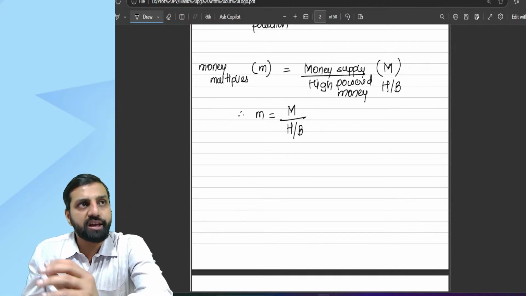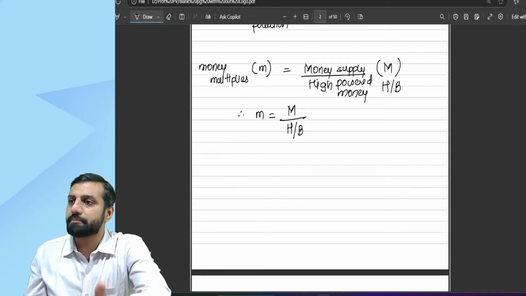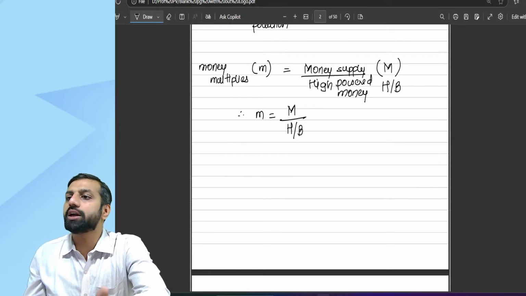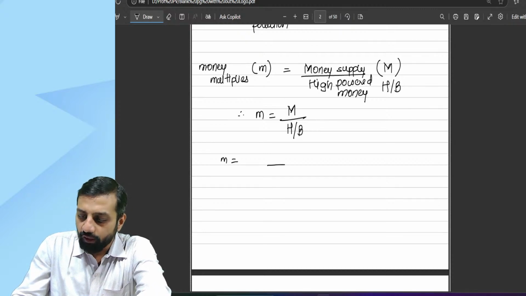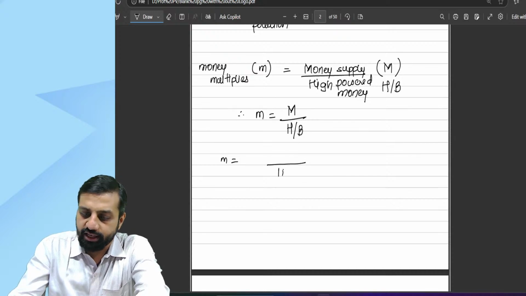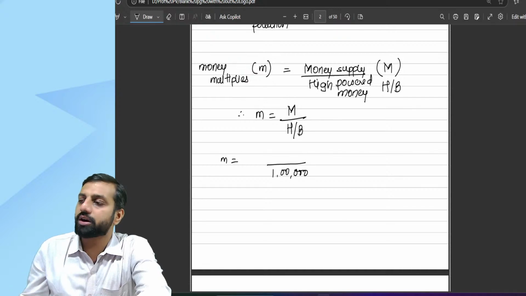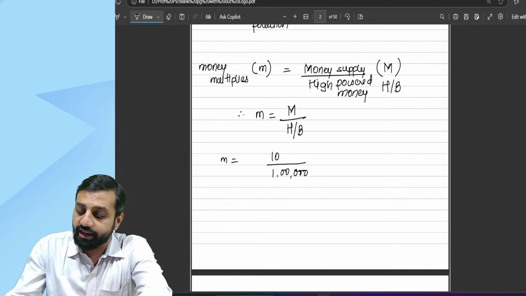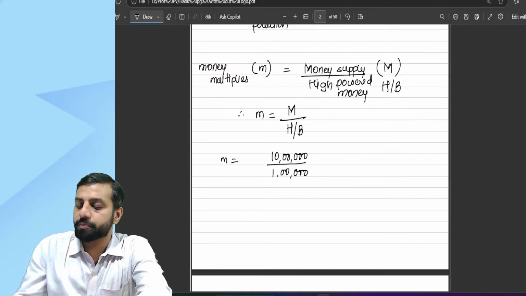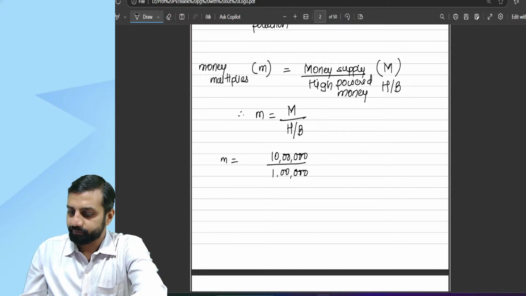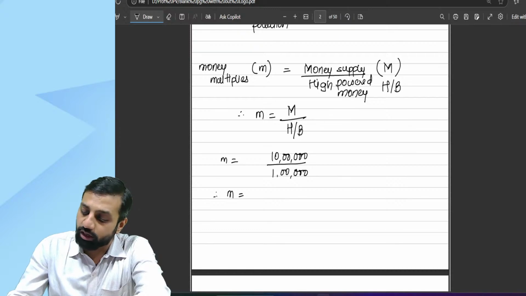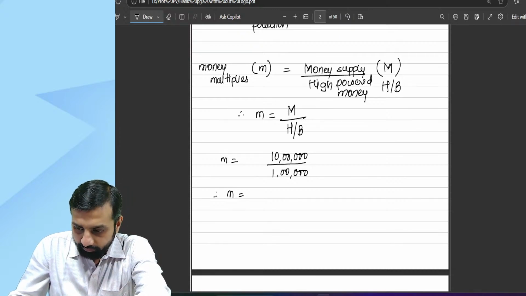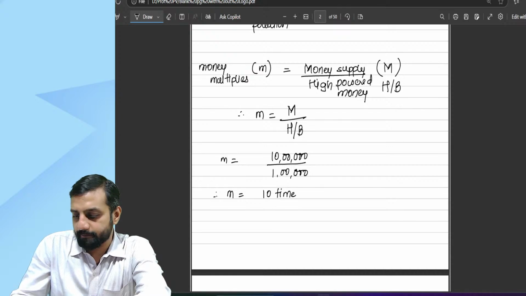So Surya, the way we had studied investment multiplier, similarly, there is a concept called money multiplier. So if the RBI issues 1 lakh rupees in the economy in the form of high powered money, and that generates money supply worth rupees 10 lakhs, therefore, the value of money multiplier will be equal to 10 times.